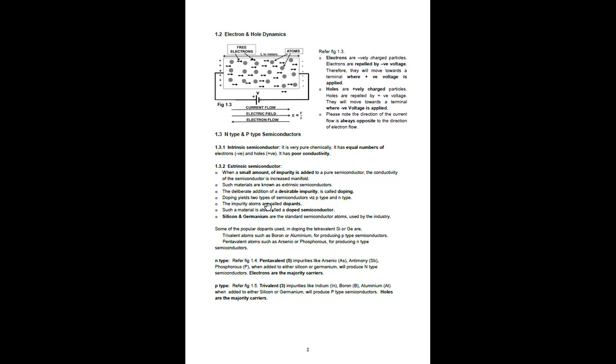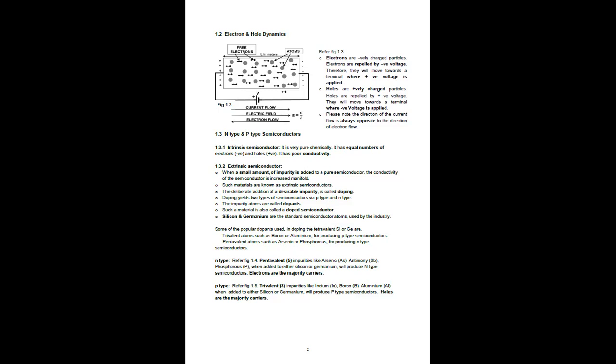On the other hand, pentavalent atoms can also be used. Pentavalents belong to the fifth group. These are arsenic and phosphorus. By introducing these pentavalent atoms into the pure semiconductor, we will get N type material.